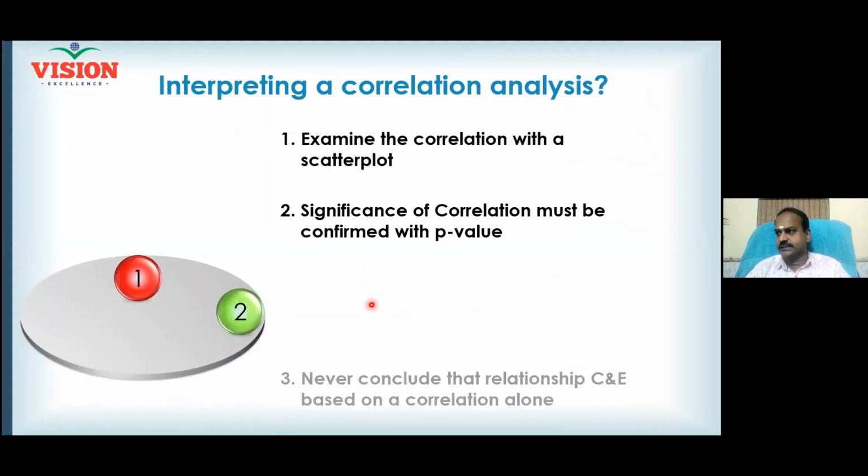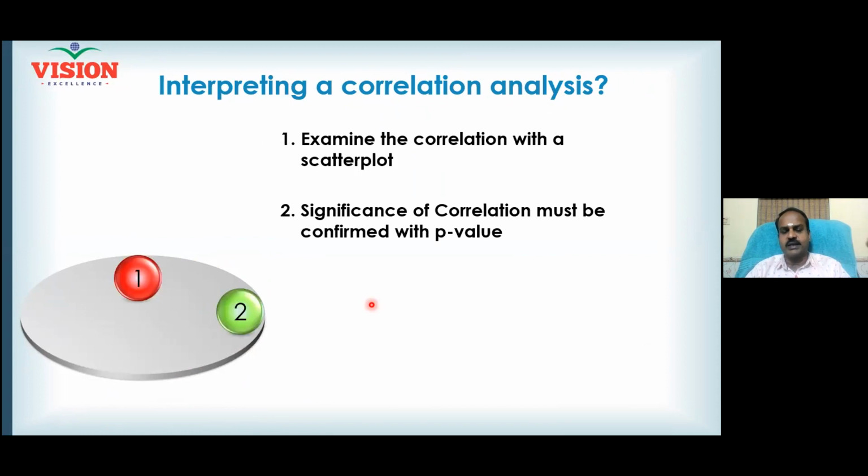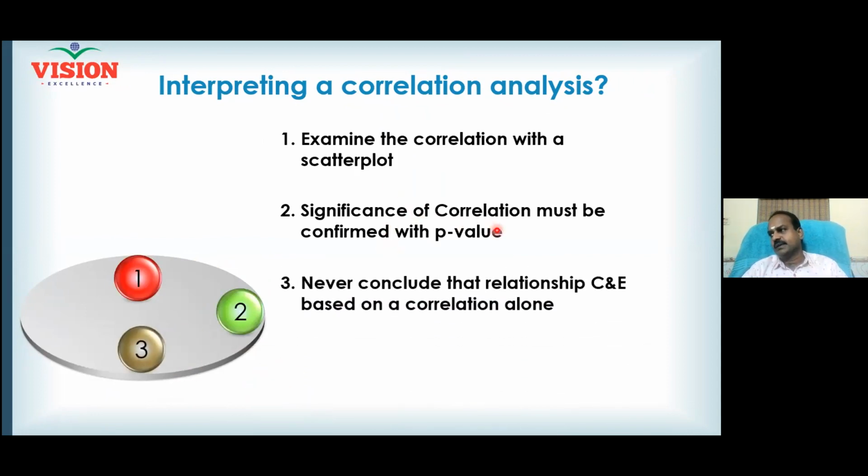We consider any study as statistically significant if the p-value is less than 0.05. Hope you all remember that, isn't it? So any statistical study should have a p-value. And never conclude the relationship is cause and effect simply based on the correlation. Correlation only tells that there is a statistical linear relationship.